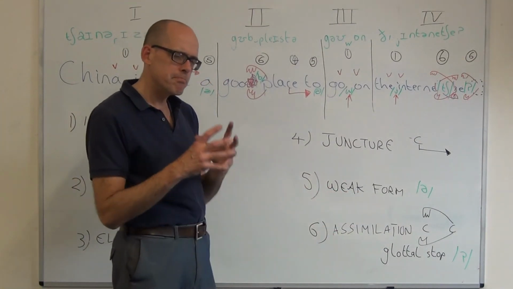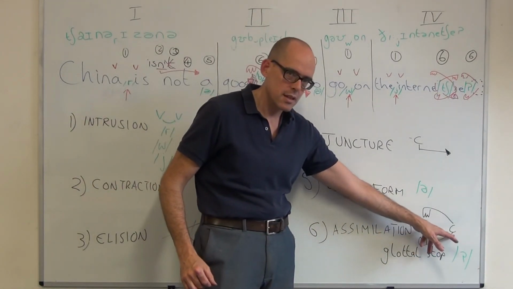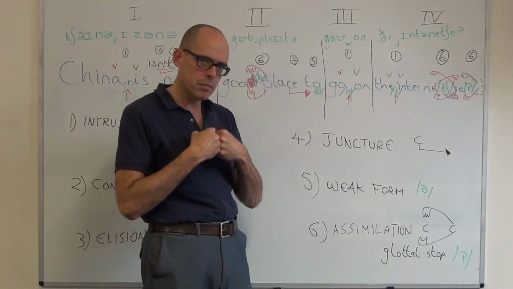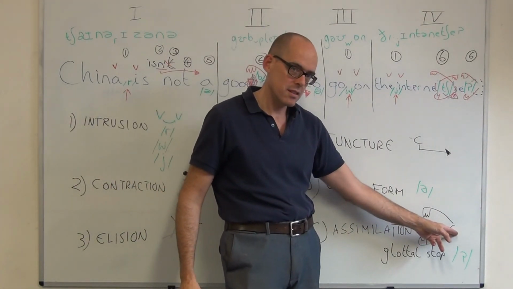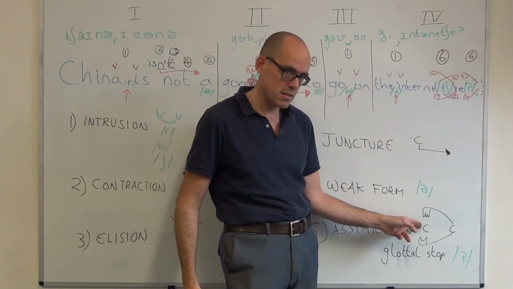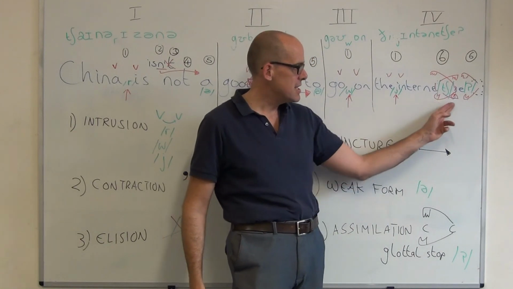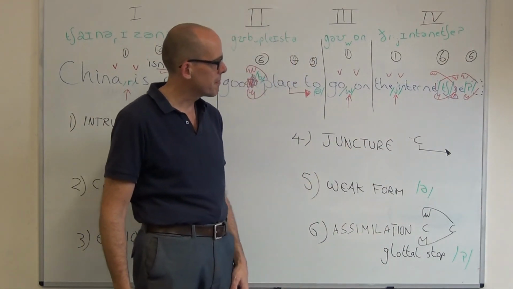Finally, and maybe the most interesting, when there are 2 consonants and they're not comfortable, sometimes the second consonant, if it's stronger, can eat the first consonant. Sometimes they eat each other, and this is called assimilation.